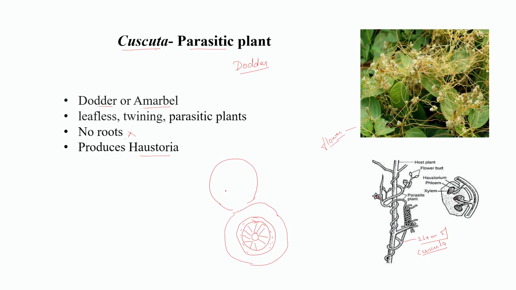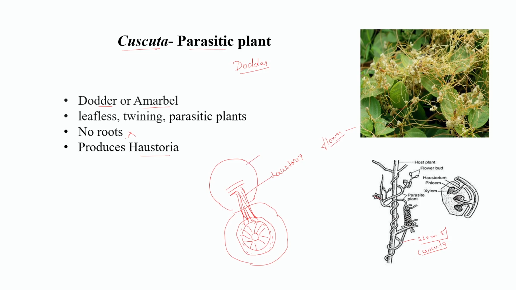So it is observed that the vascular tissue of this will enter into the phloem region, and they will obtain nourishment.